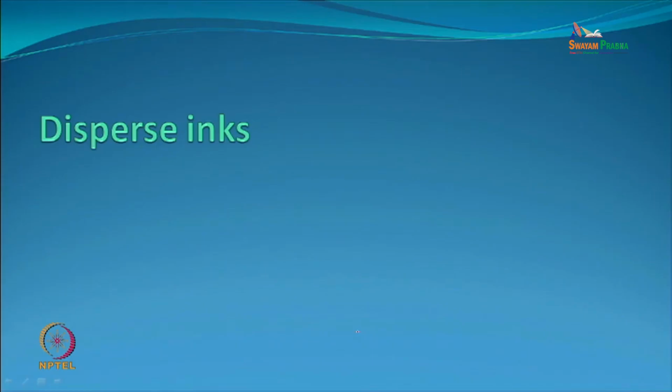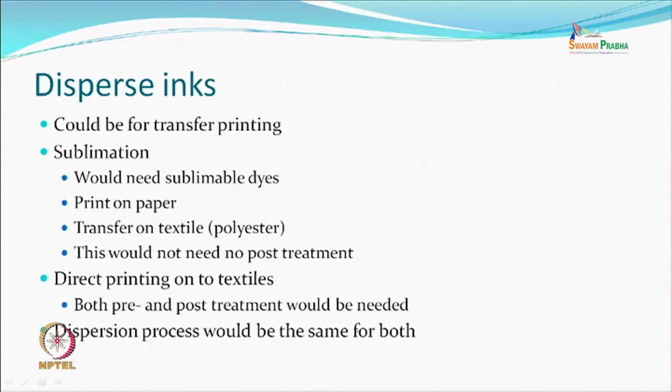So, we look at the disperse inks. The disperse inks are similar to pigment, except that they do have some solubility and they can dye as dyes or print as dyes. These disperse dye inks, as you learned from the other day's visitor, could be used for transfer printing.